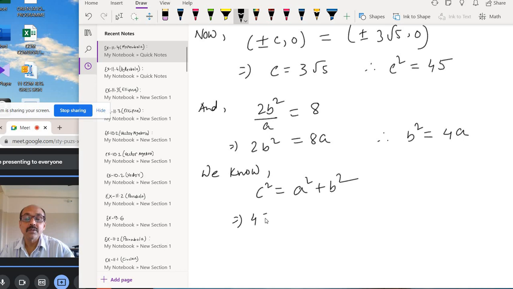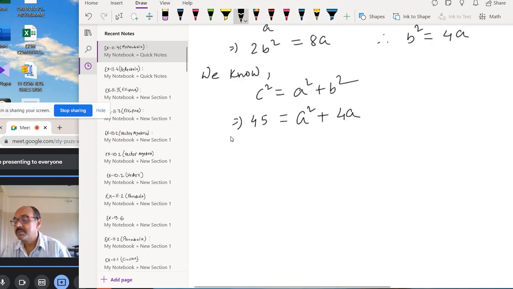So 45 equal to a square plus b square, which is 4a. Okay, so b square equal to 4a. Now a square plus 4a minus 45 equal to 0.